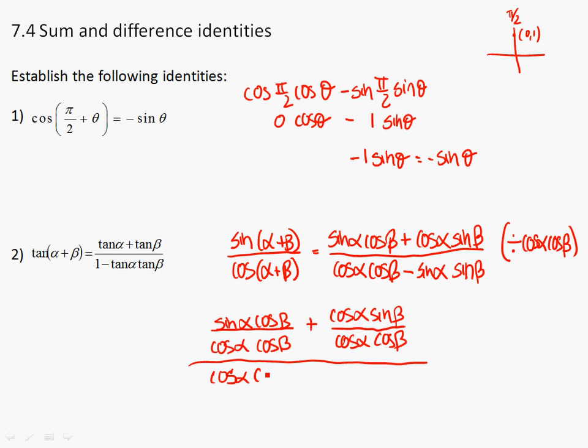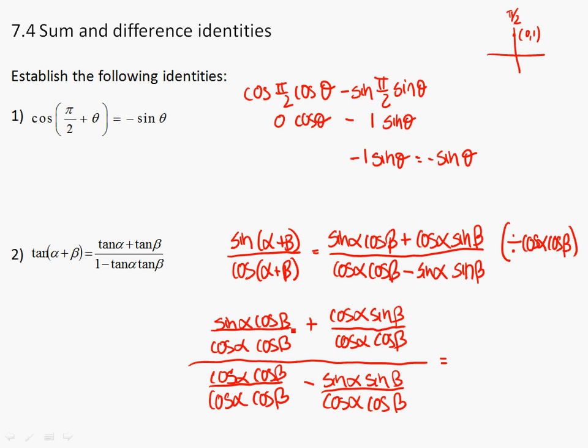So it's the cosine alpha cosine beta divided by cosine alpha cosine beta, minus sine alpha sine beta over cosine alpha cosine beta. Now that's a huge mess, but a ton of this stuff is going to cancel out, isn't it?